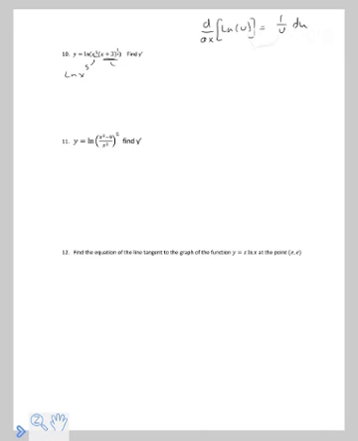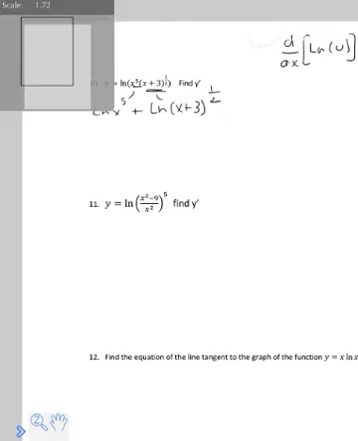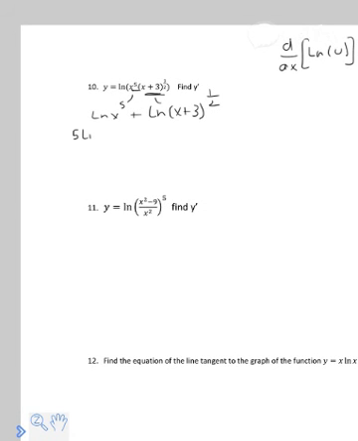using addition. So it's natural log of x to the 5th plus natural log of x plus 3 to the 1/2. And then bringing the powers down, it's going to be 5 times the natural log of x plus 1/3 times the natural log of x plus 3.